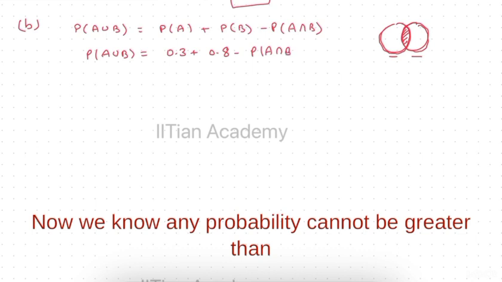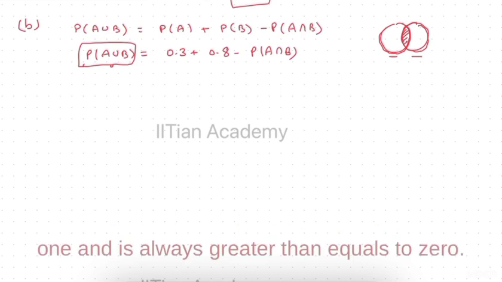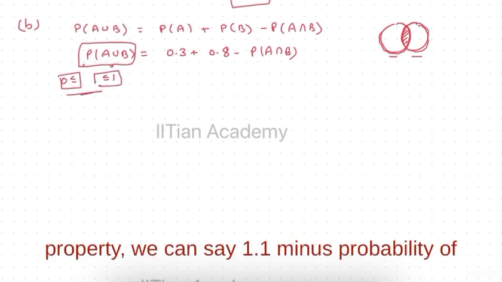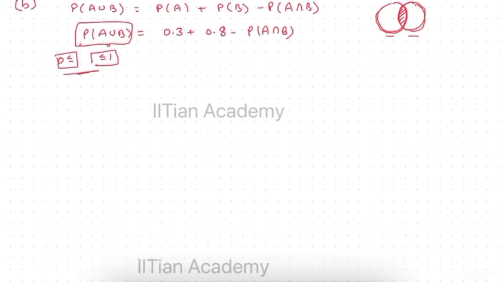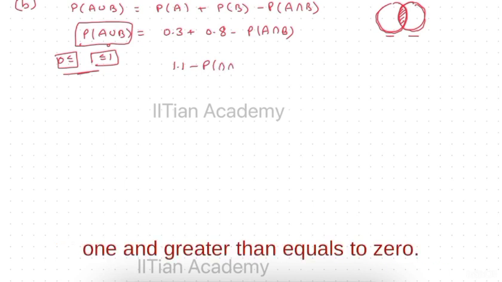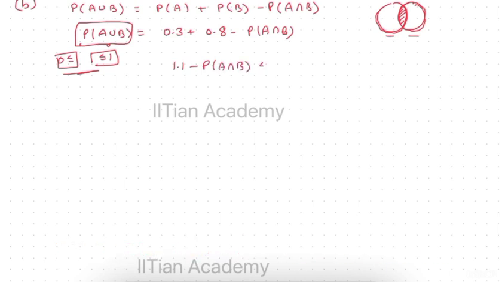Now we know any probability cannot be greater than 1 and it will always be greater than or equal to 0. Using this basic property of probability, we can say that 1.1 minus the probability of A intersection B is always less than or equal to 1 and greater than or equal to 0.